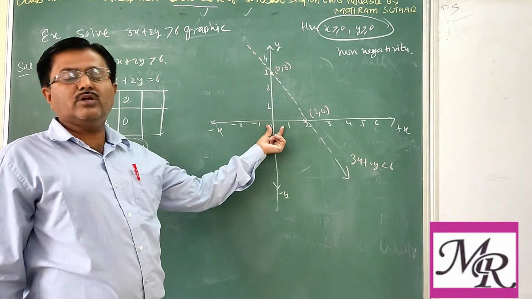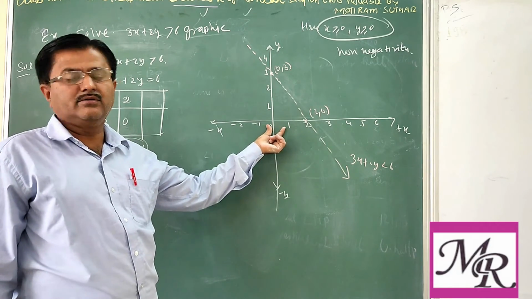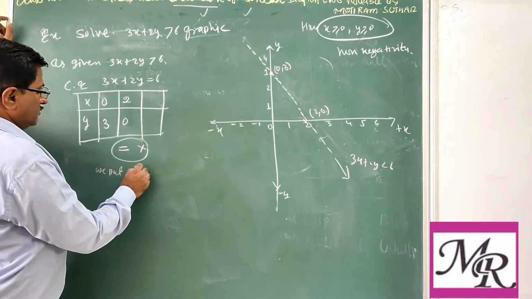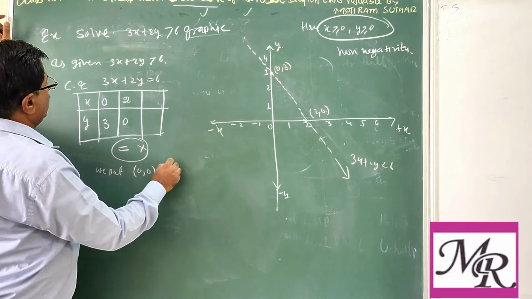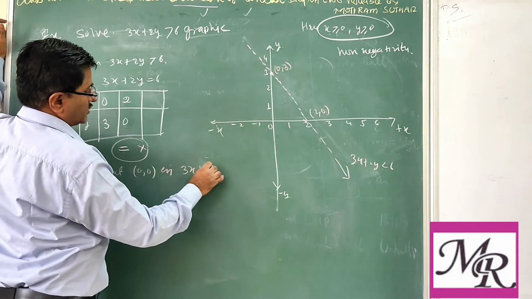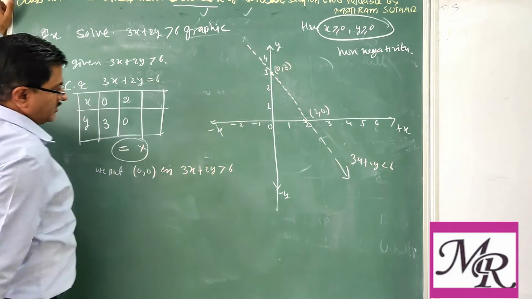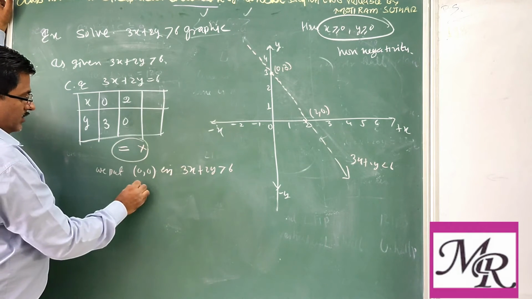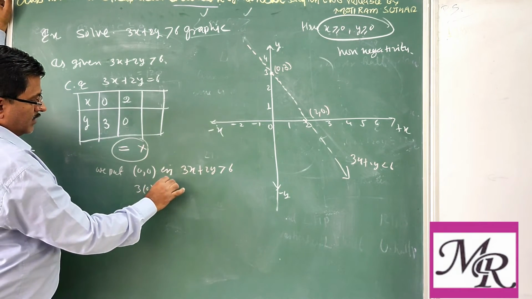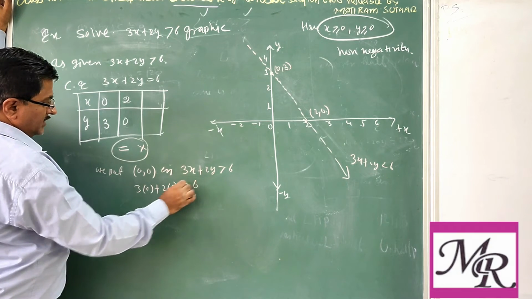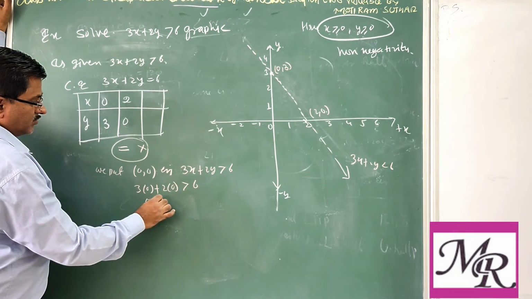For easy calculation, again we take the origin. So we put 0, 0 in 3x plus 2y greater than 6. What we get is 3 into 0 plus 2 into 0, that is 0 plus 0, greater than 6.